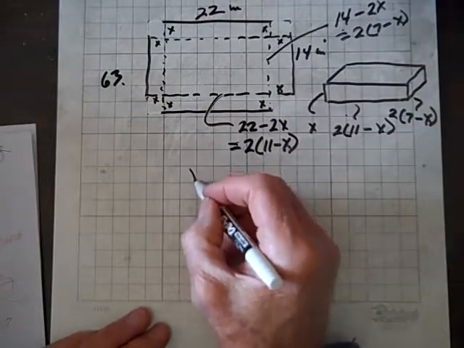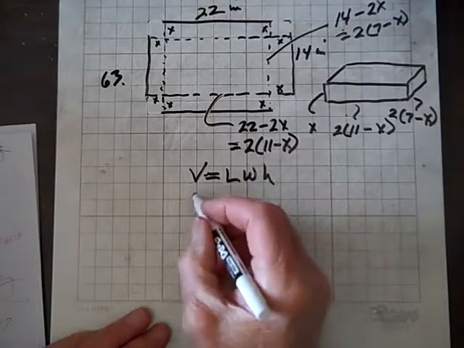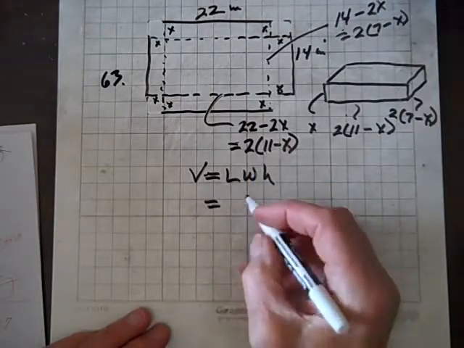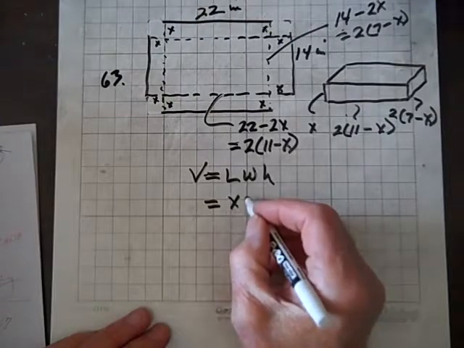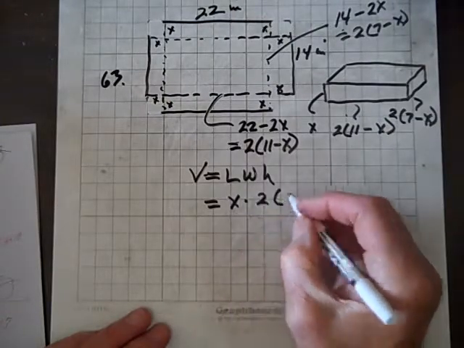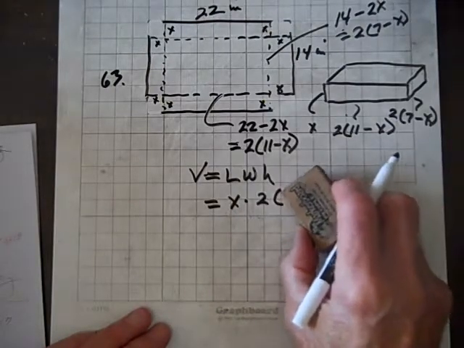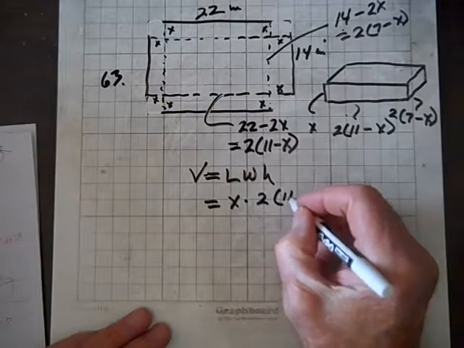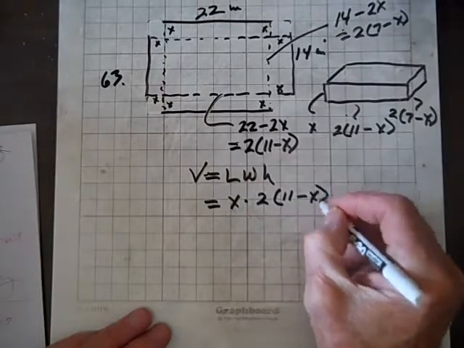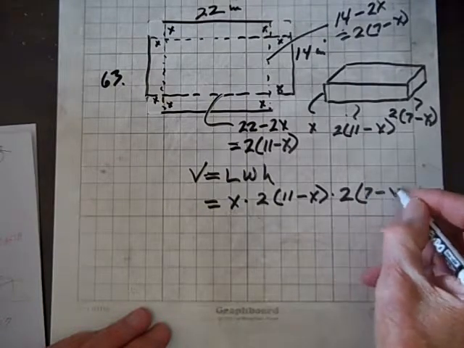So the volume equals length times width times height, which equals x times 2 times, or excuse me, 11 minus x times 2 times 7 minus x.